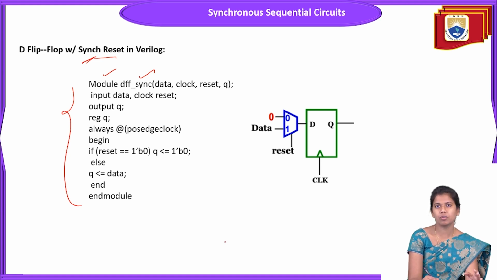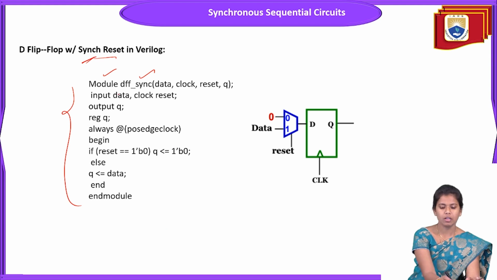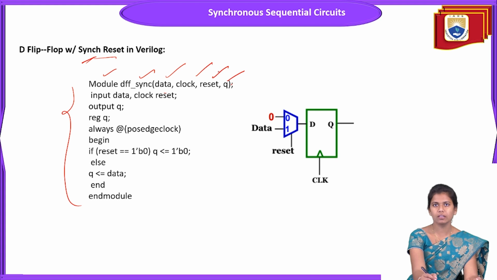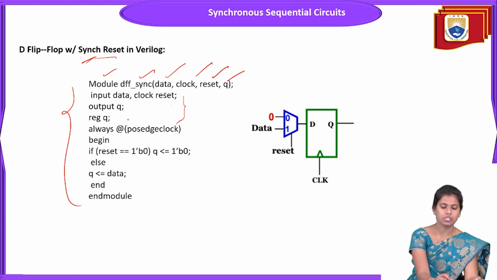But if there is a chance of using the reset synchronously, then this is how we can write module D flip-flop synchronous, with data, clock, reset and Q. D and Q are the input and output, as well as we have clock and reset. And the initialization of inputs and output goes: input data, clock and reset, and output Q. Reg is a keyword, a variable for the output, and always at the positive edge of the clock signal, begin, if reset is equals to 1.